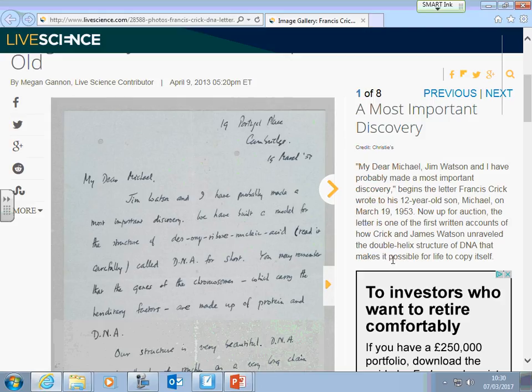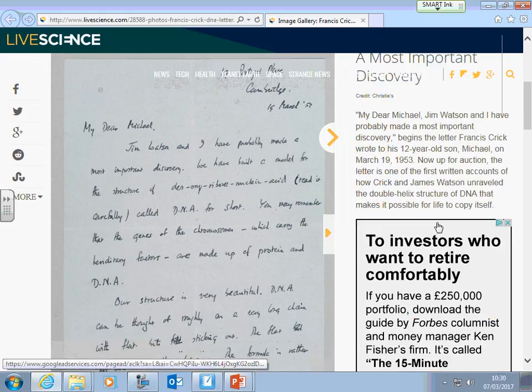His son, I believe, sold a letter that his dad wrote to him when he discovered it. So in 1953, he'd written this on March the 19th. Francis Crick wrote this letter to his 12-year-old son explaining what he'd discovered.